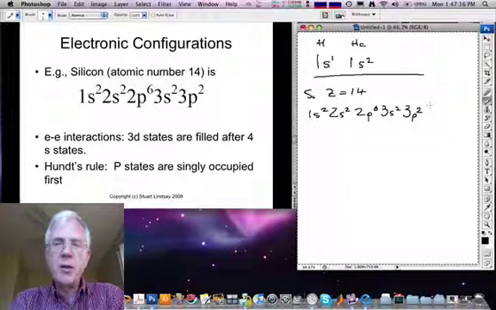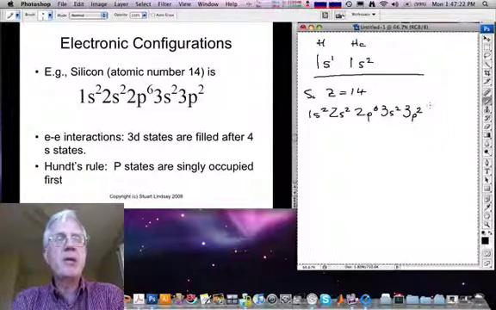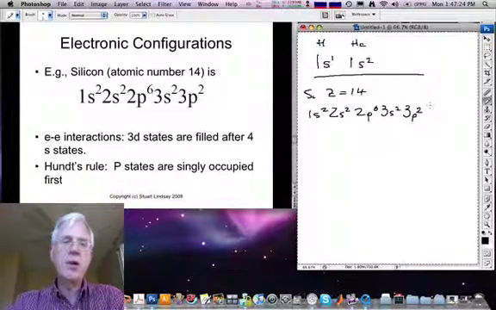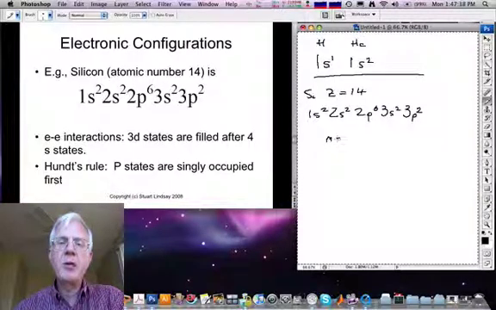Another useful thing to know when looking at the periodic table is Hund's rule. Hund's rule says that in order to minimize electron-electron interactions, when empty states are available, the electrons will go into different m quantum number states, one after the other, but unpaired. So for example, let's take the case of m equal -1, 0, and +1.